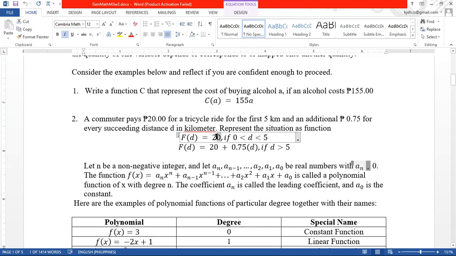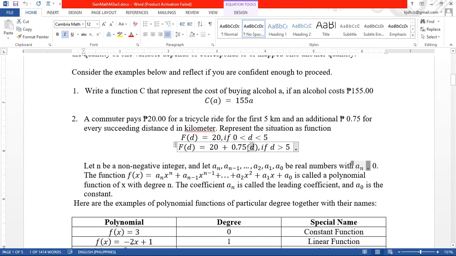So only 20 pesos. But if the ride goes beyond 5 kilometers, you add 0.75. So f of d is equal to 20 plus 0.75d, since for every kilometer the additional is 0.75. So you multiply it by d, the number of kilometers added.